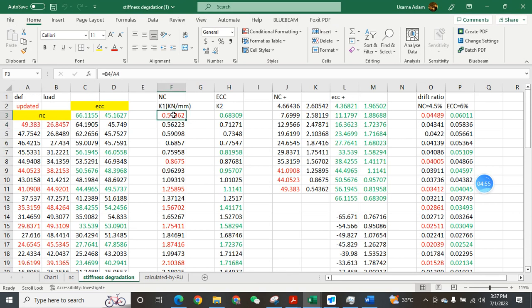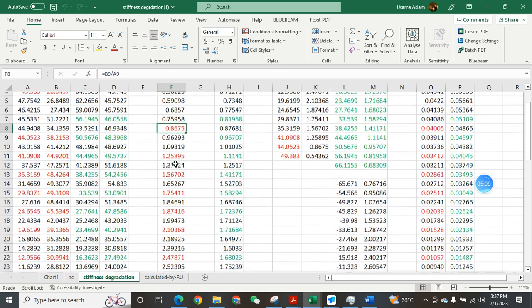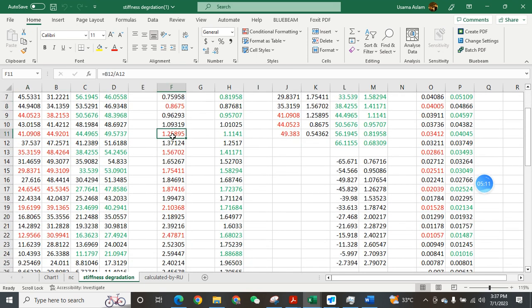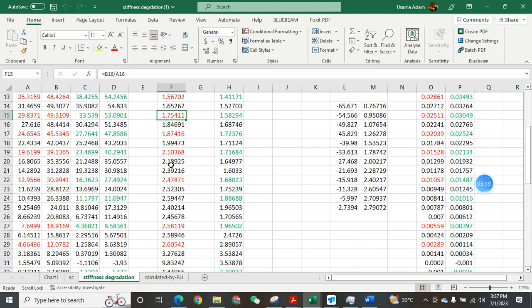What I have to do is highlight this and apply the formula, load versus deflection, at 4.5, or you can choose any nearby value. Using the same formula, I will again highlight this, and then 4%, then 3.5%, 3%, then 2%, then 1.5, or something near.